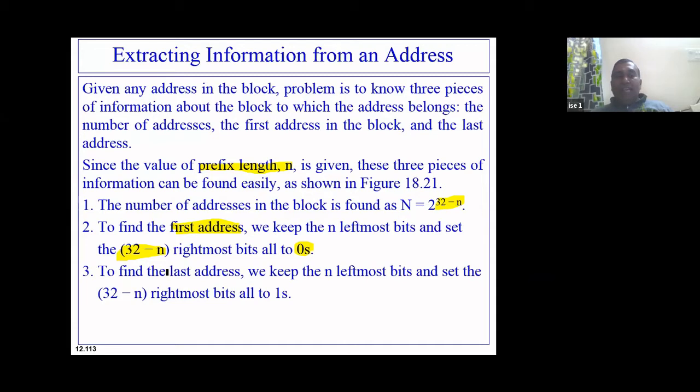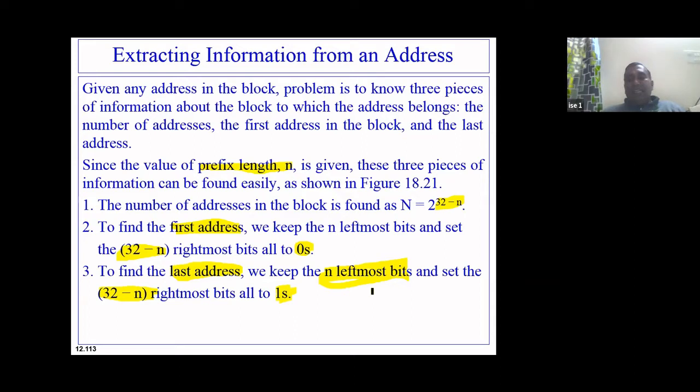And to find the last address, that means the host address, we keep the n leftmost bits as they are, and the 32 minus n rightmost bits I will convert into ones. So that will give me the last address.